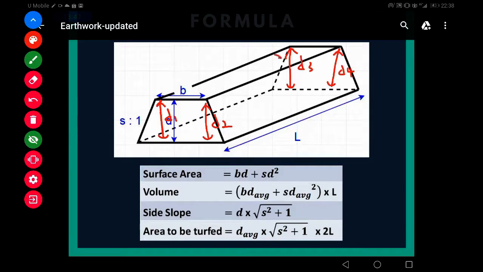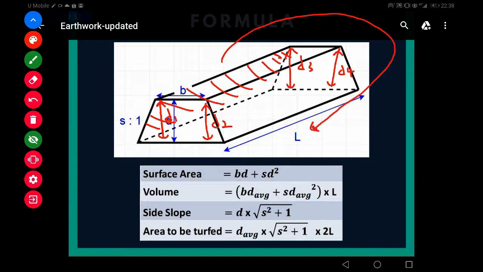So let's say for the other side, this side, the area to be turf equal to D average multiplied with the square root of s squared plus 1 and also multiply with L. Okay, and then here the D average will be D1 and D3.